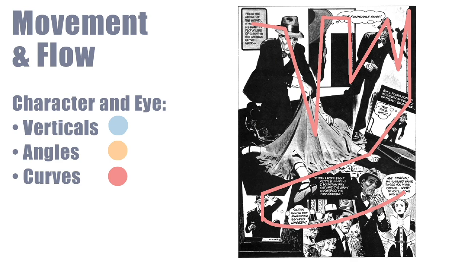So movement and flow on this page, again, like a maze, our eye is bouncing all around this page. There's many verticals, there's different angles, and there's different curves throughout the entire thing. And the eye, again, is bouncing around.